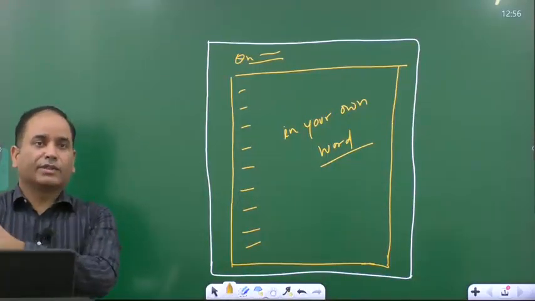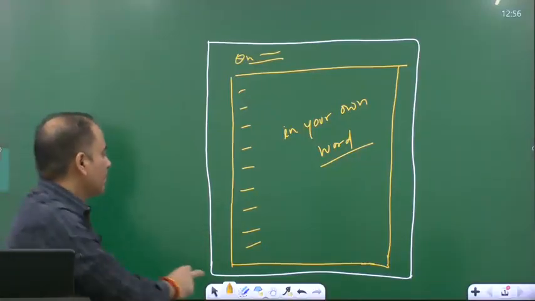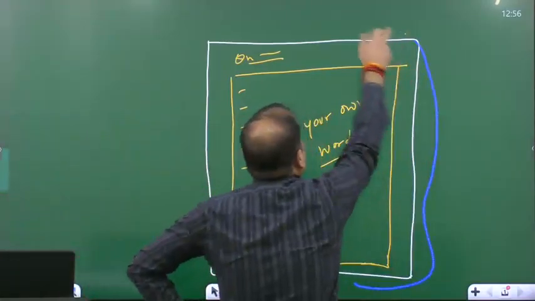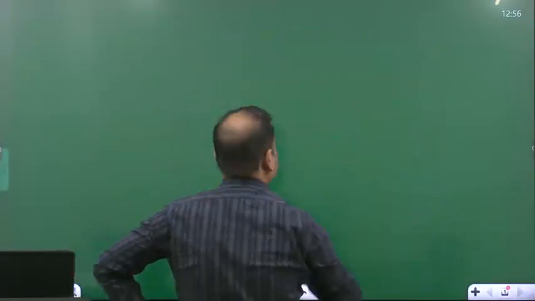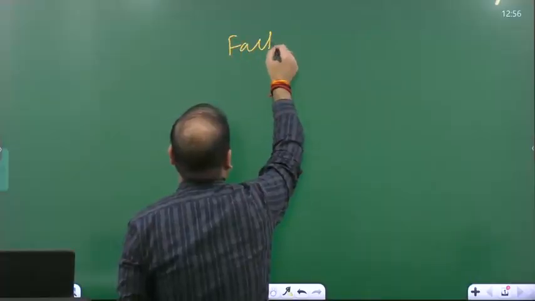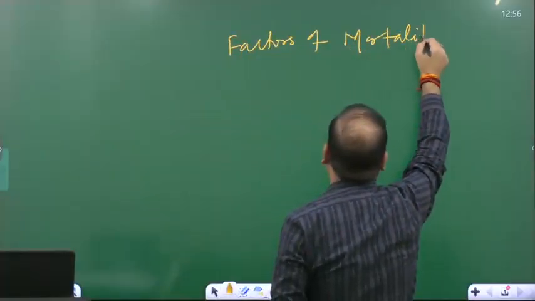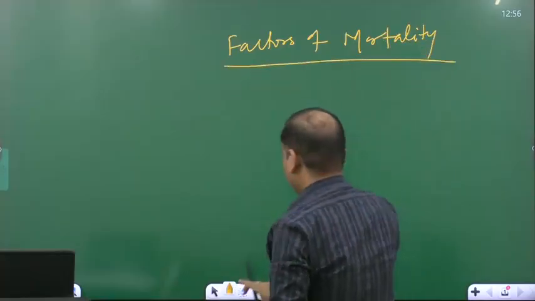So try to start your answer. So this is a question for today. Alright. We also have mortality. So what are the main factors of mortality?